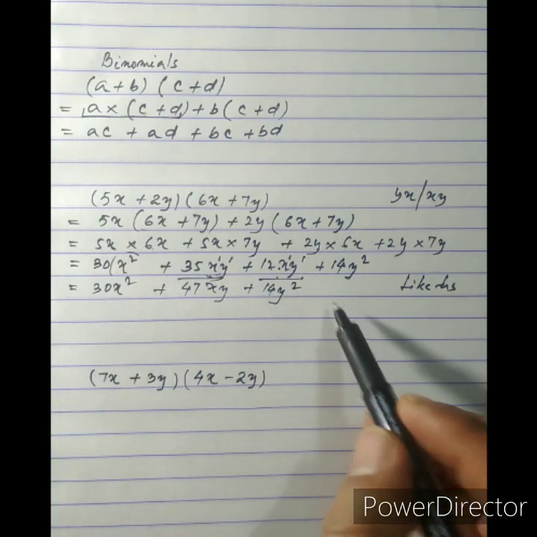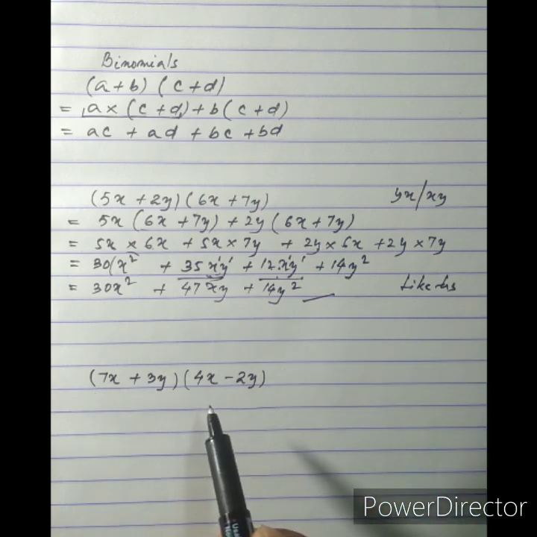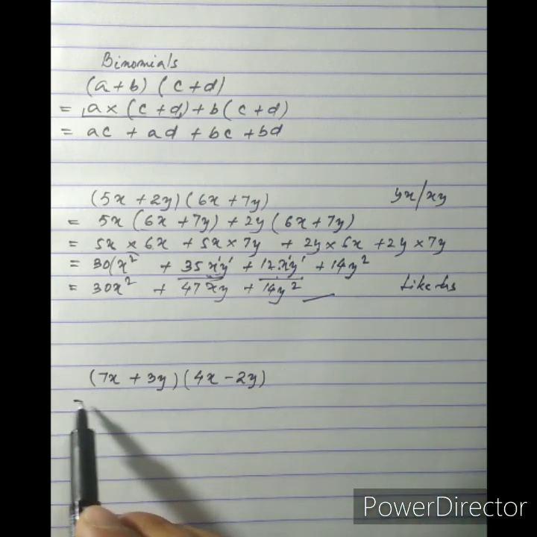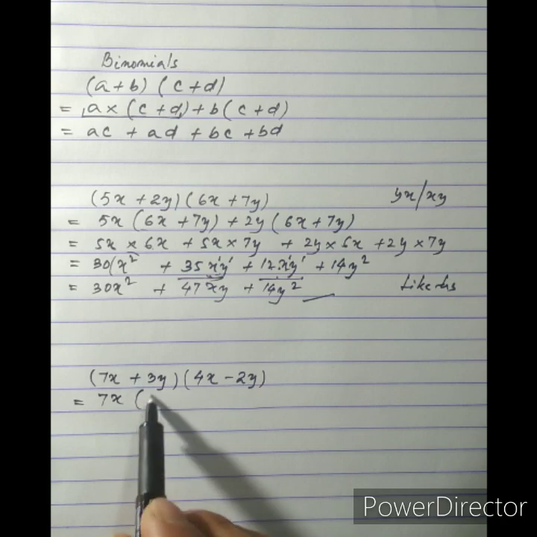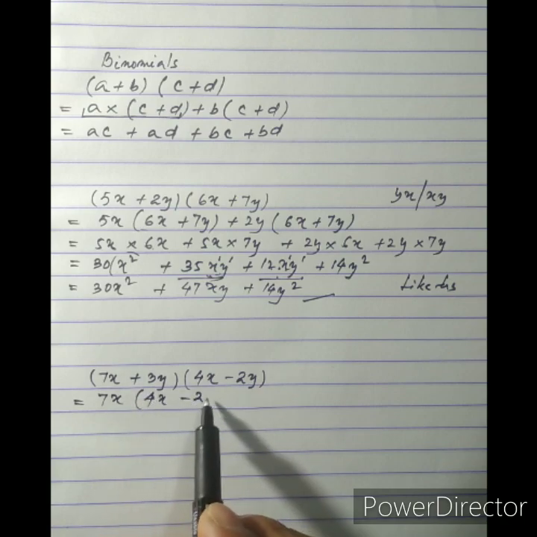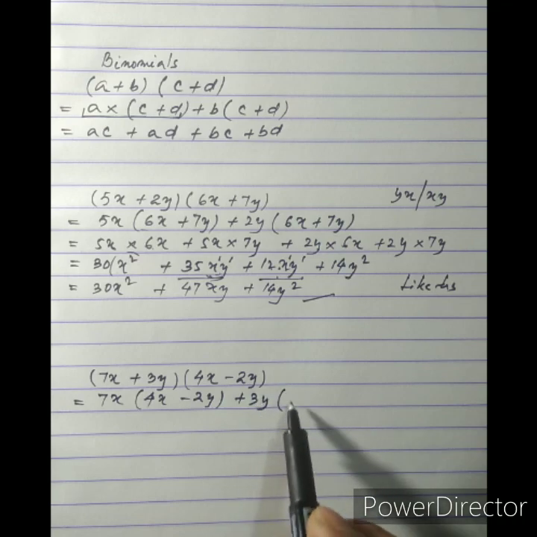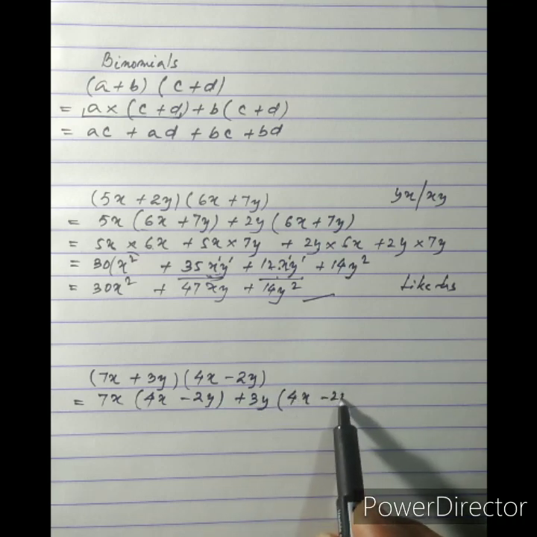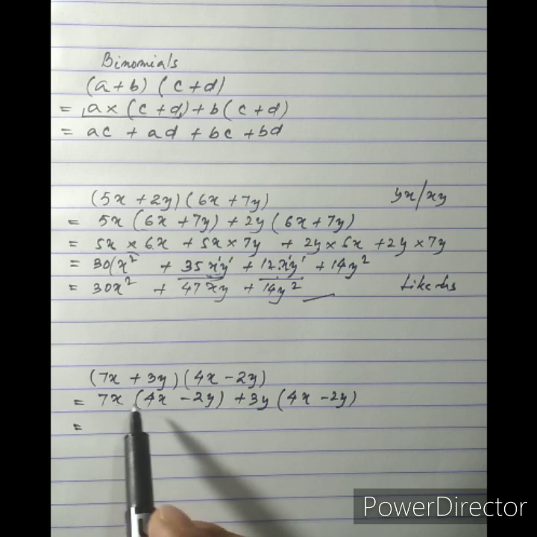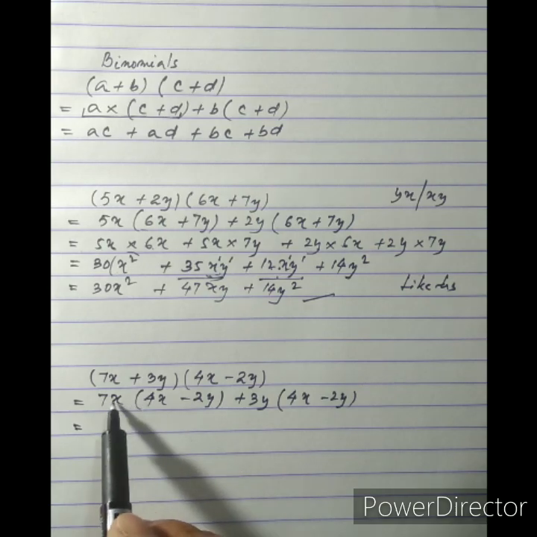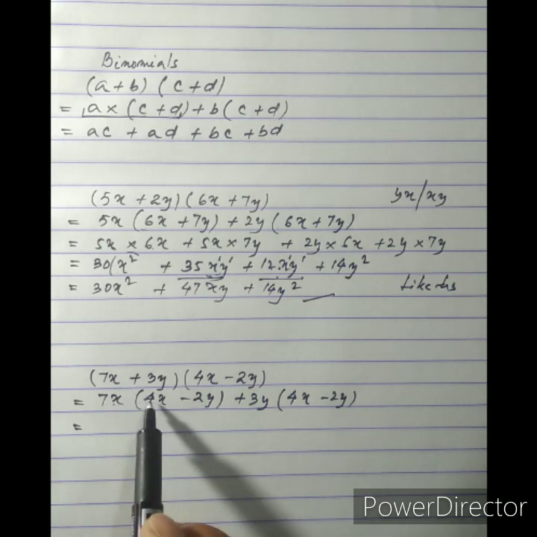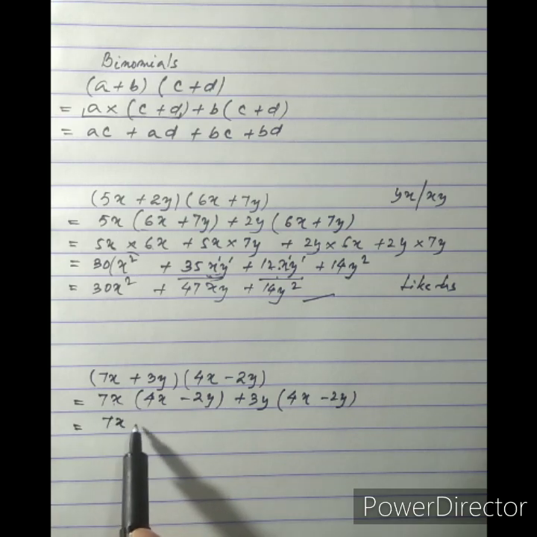So we have done this one, and last example, let us see now. This is 7x will multiply to 4x minus twice y, and then this plus thrice y will multiply to 4x minus twice y. Now let us multiply one by one. 7x and 4x, 7x into 4x.